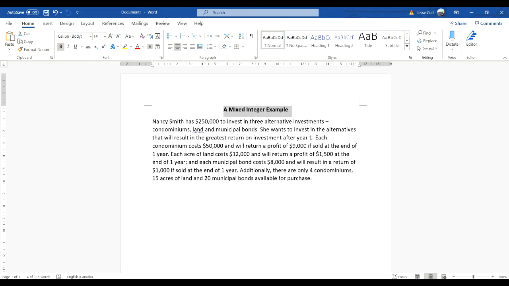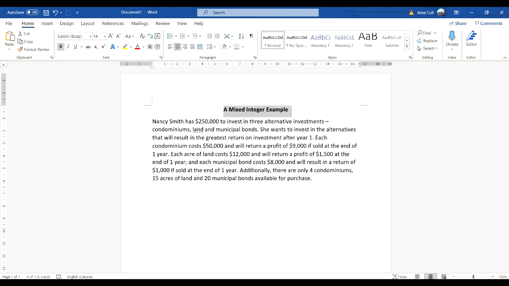Municipal bonds are $8,000. If we multiply that by 6, it's $48,000, almost $50,000. If we multiply 1,000 by 6, we also have a return of $6,000. So the second 2 investments, land and municipal bonds, are both approximately a return of $6,000. The first one, condominiums, is a return of $9,000.